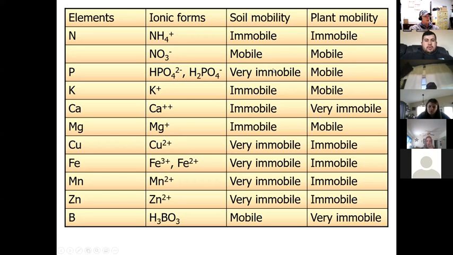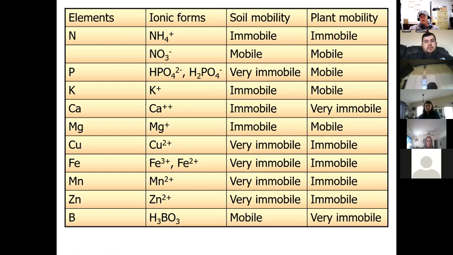Let's look at a few of these other ones. Okay, phosphorus, an anion, yet it's very immobile in the plant. That's interesting. The reason it's very immobile is because phosphorus, and especially these two forms of phosphorus, are what we call the marrying type.